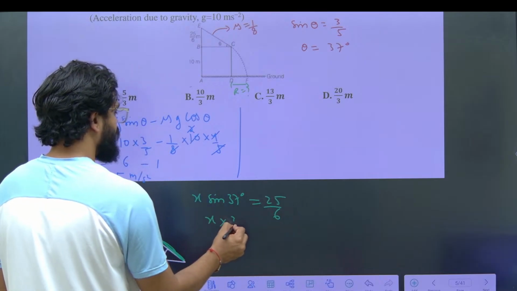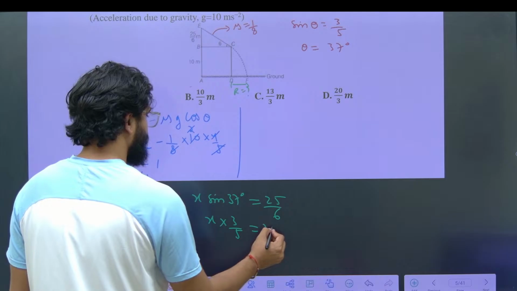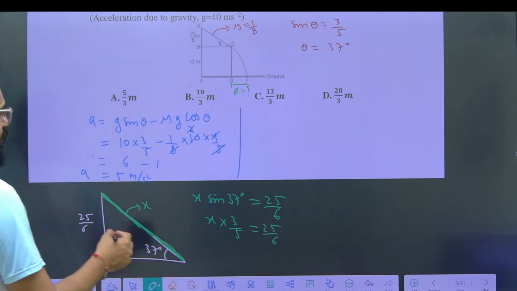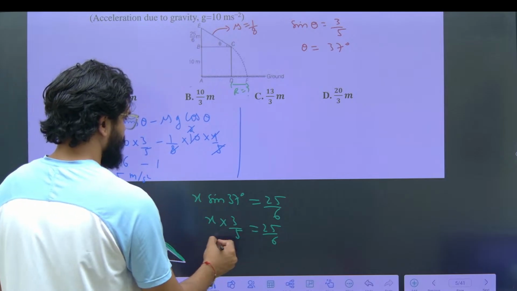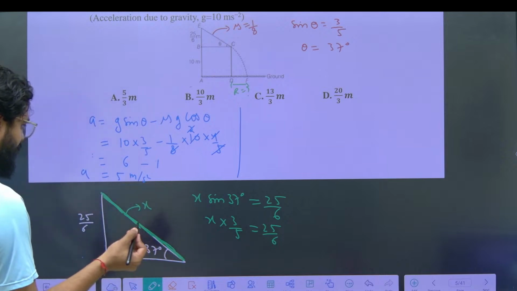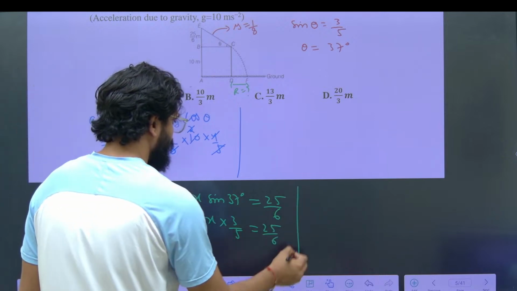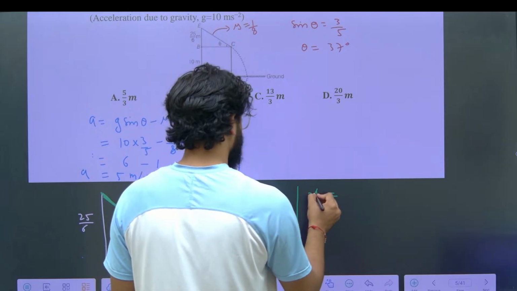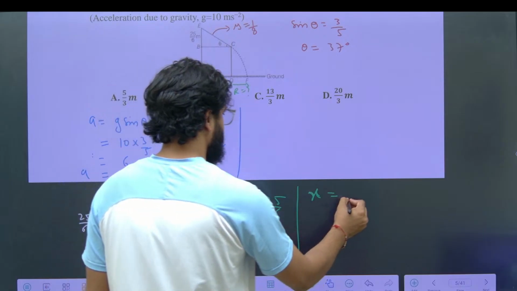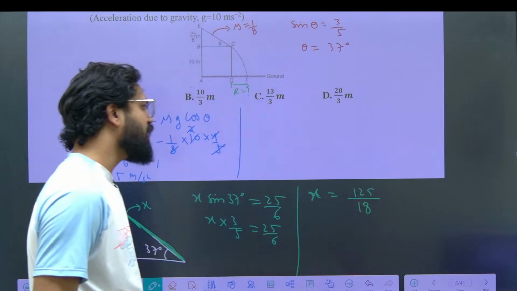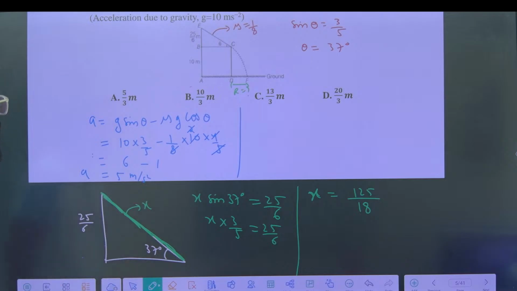So x into 3 by 5 equals 25 by 6. Yes or no? Few things are cutting. So x is coming out as 125 upon 18. We hope that a very good number will come out from here.